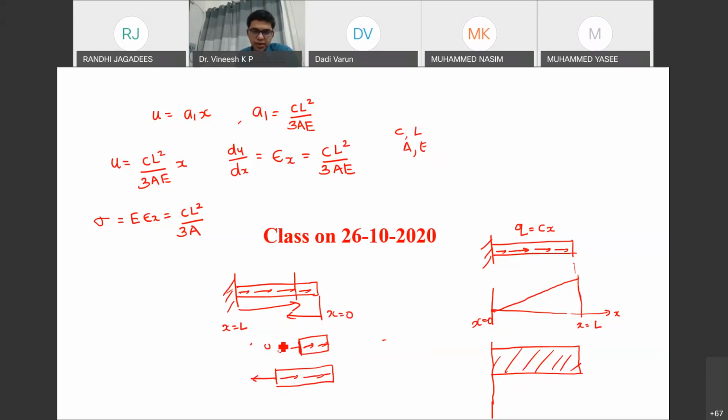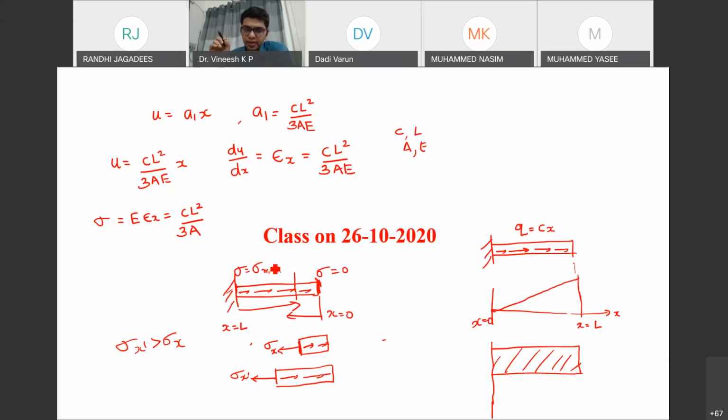If this is sigma x and here is sigma x dash, then sigma x dash is greater than sigma x. At the free end, you will get sigma equal to 0, and at this point you will get sigma equal to the maximum stress. We don't know the value of the maximum stress yet.